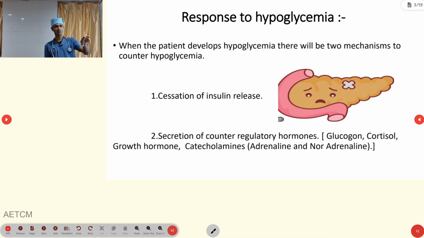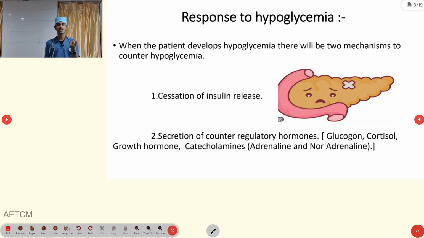Glucagon and cortisol, mainly cortisol, have glucocorticoid properties and will increase our glucose production, or increase our glucose level. Growth hormone and catecholamines will suppress or inhibit the insulin release. This is the secretion of the counter regulatory hormones.